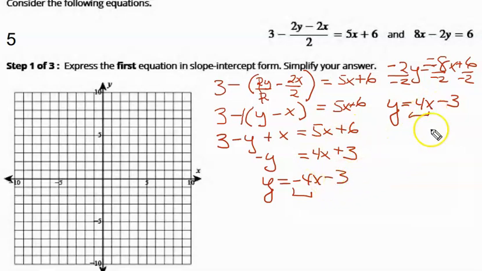But we do see a common point of intersection here. But let's just do the graphs now, and we'll keep it the same size. So a negative 3 is right there. Now this is a negative 4, so we're going to go over 1, up 4, over 1, up 4. 1, 2, 3, 4. Just getting some more points there.